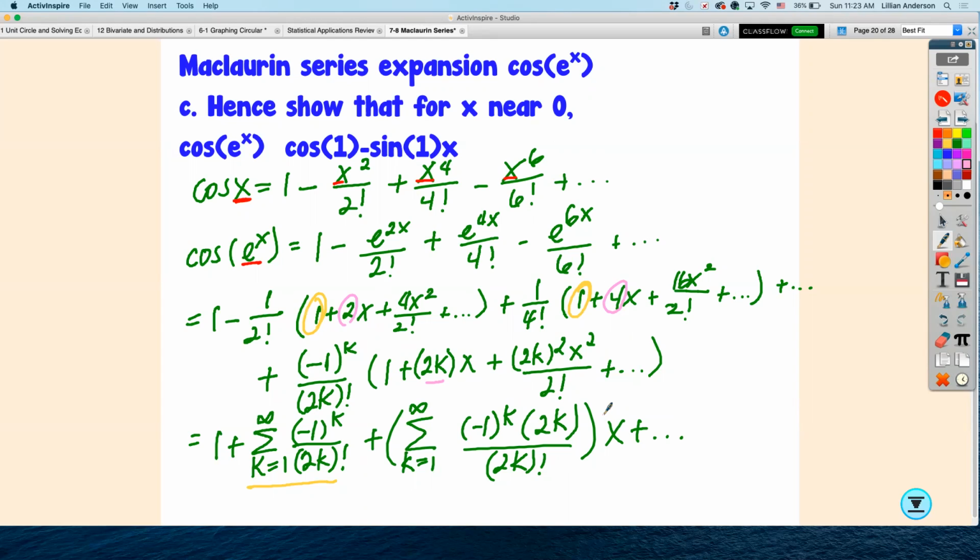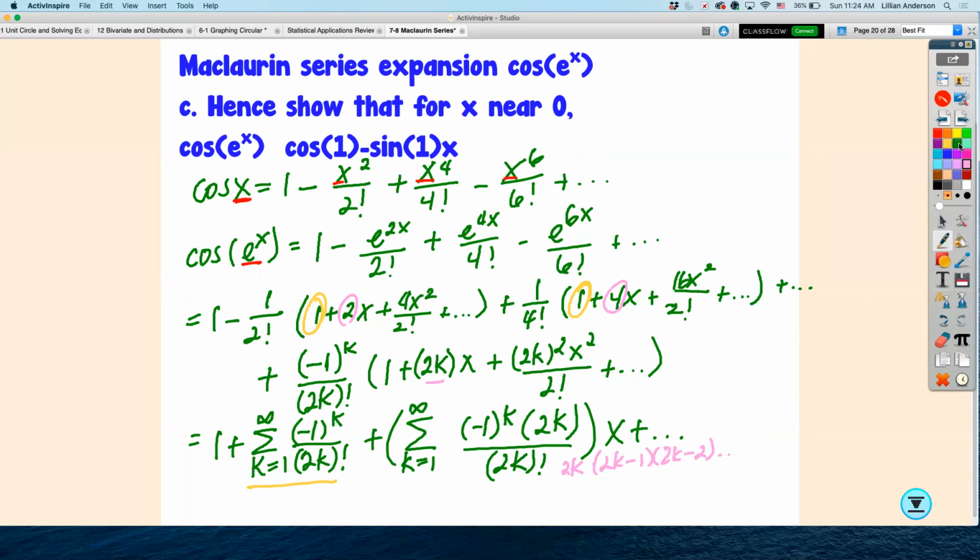This can be simplified down, because 2k factorial is essentially 2k times 2k minus 1 times 2k minus 2, and I'll write that out here in pink, and so on and so forth. So actually our 2k's will cancel out.